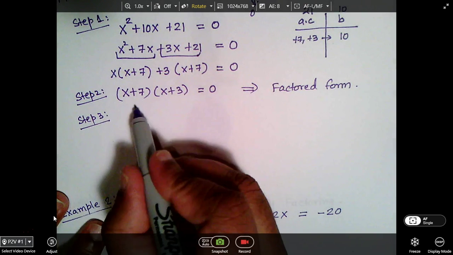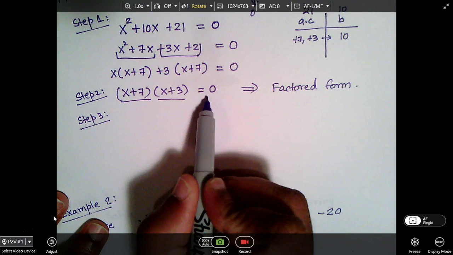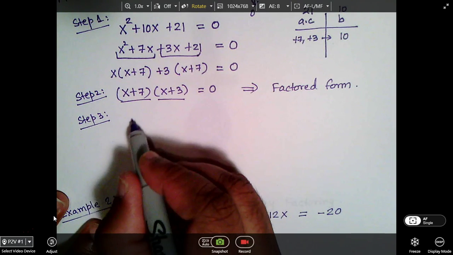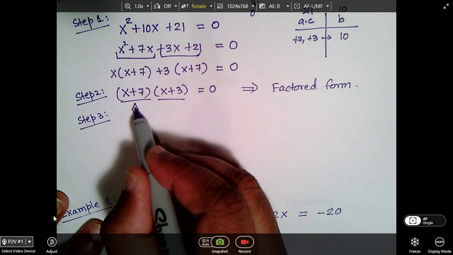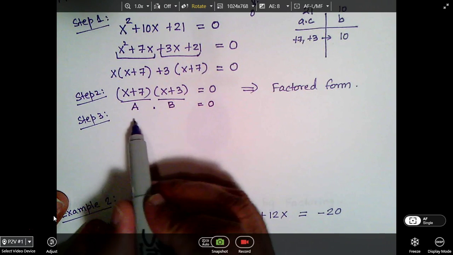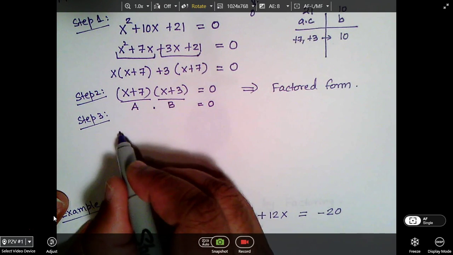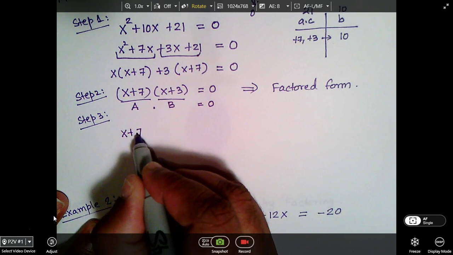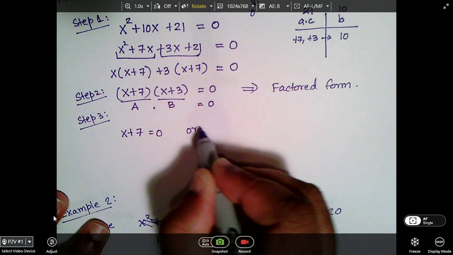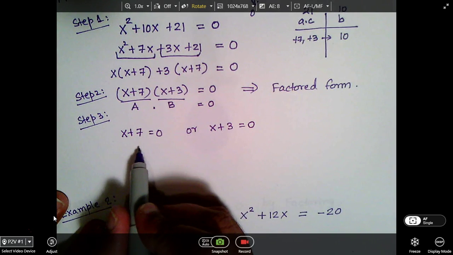I have two factors that are multiplying to give me a 0, right? The zero product property says this is my A and this is my B. If A times B is equal to 0, either A is 0 or B is 0. So that means either x plus 7 is equal to 0 or x plus 3 is equal to 0. So I've applied the zero product property.